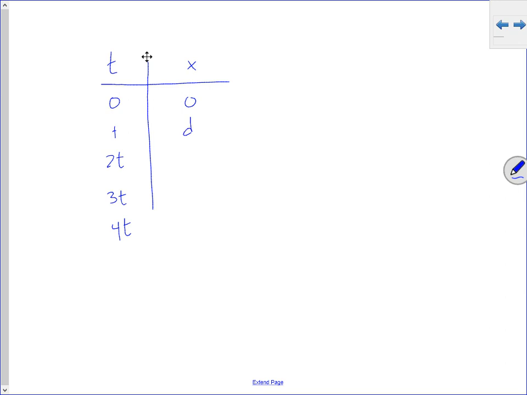If something in the first interval of time falls a distance d, how far does it fall in an amount of time 2t? Well, it doesn't go 2d. It doesn't just go twice as far in twice as much time. And why is that? Because of the nature of the relationship between position and time for an object that accelerates.